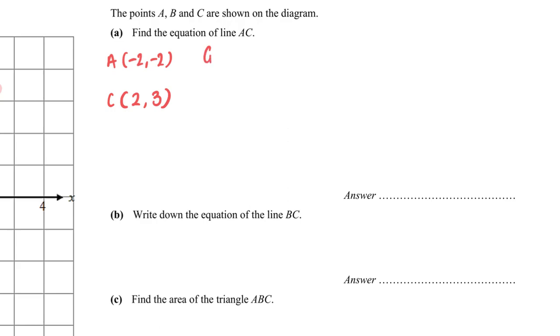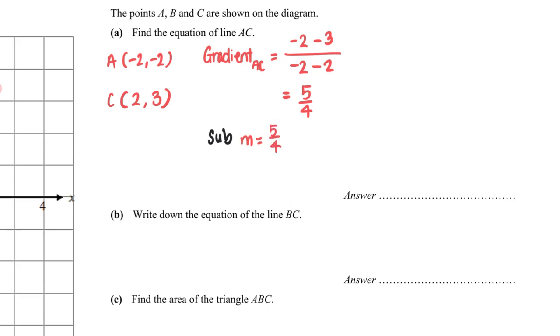Okay, step 1, find the gradient. y2 minus y1, so -2 minus 3 over negative 2 minus 2. This will give me 5 over 4. Step 2, substitute the gradient and one of the points.